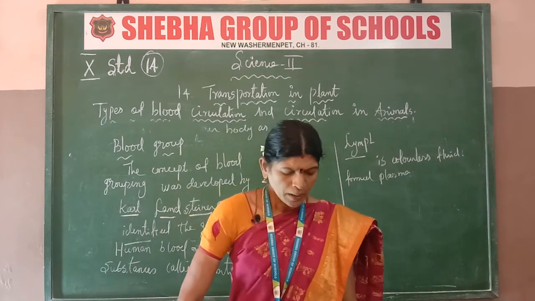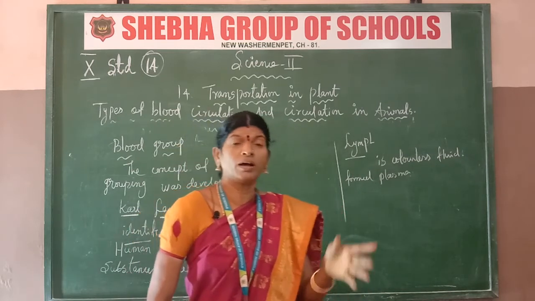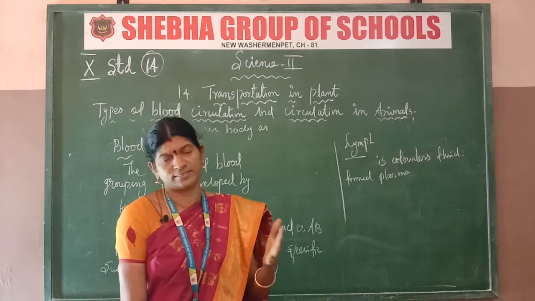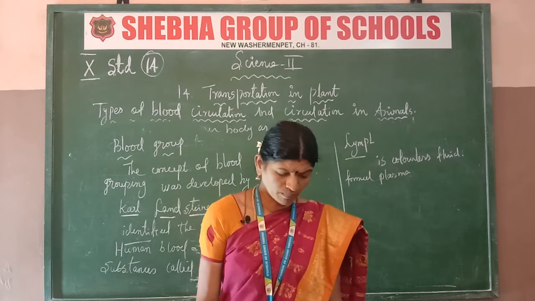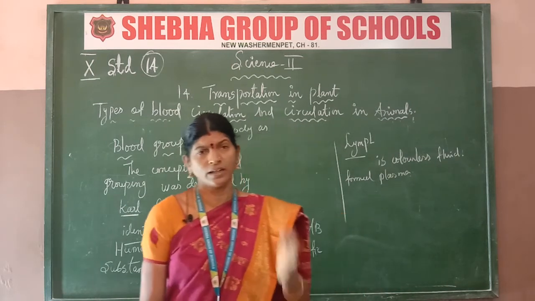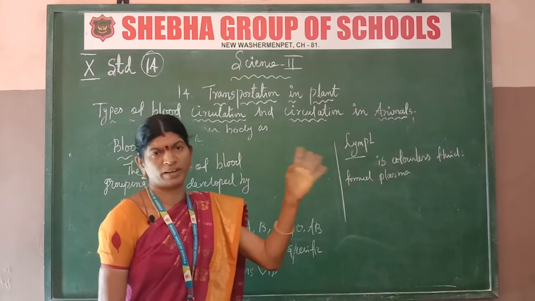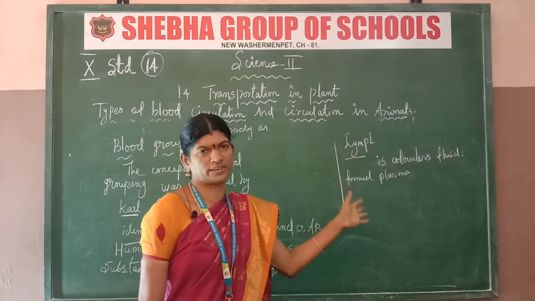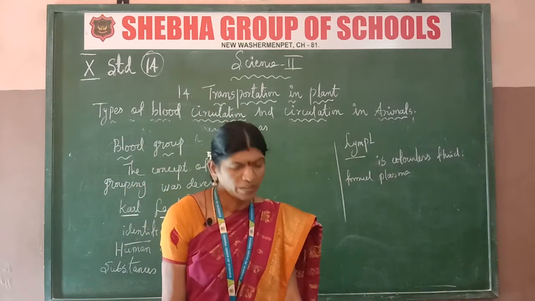Next, blood contains two components: one is plasma and another is the formed elements. Plasma is the liquid fluid portion, and the formed elements are RBC, WBC and blood platelets: erythrocytes, leukocytes, thrombocytes. Next one is the heart.